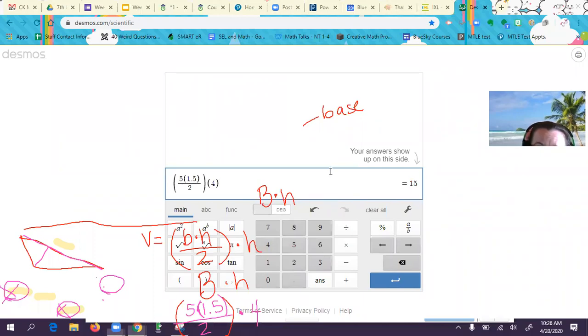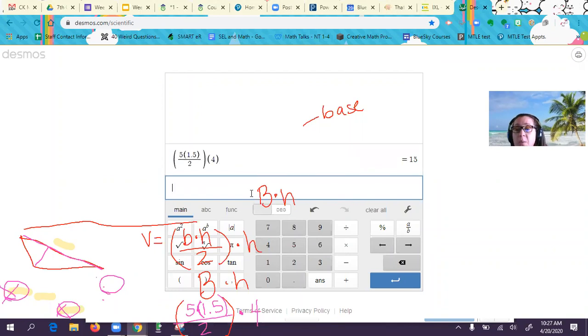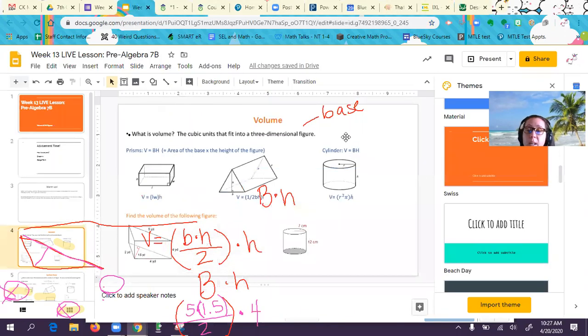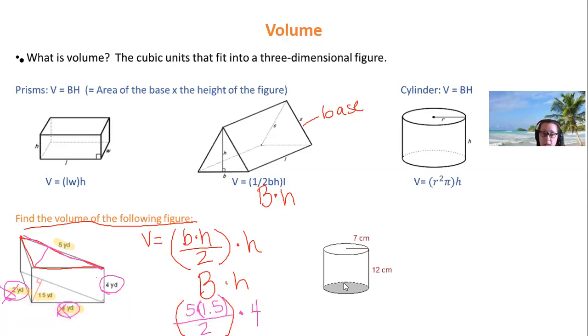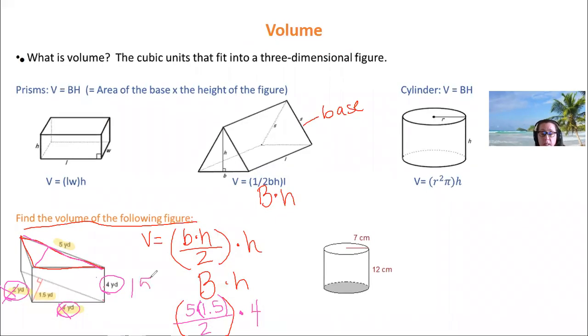Thank you, Sam. And we got 15. So the volume of this figure, we would say, is 15 cubic yards. 15.